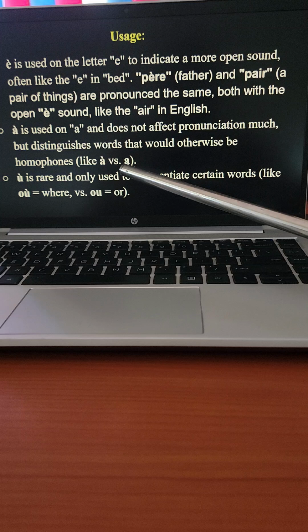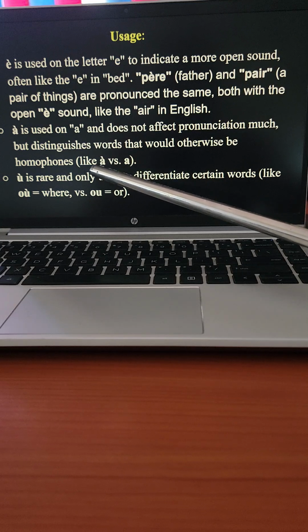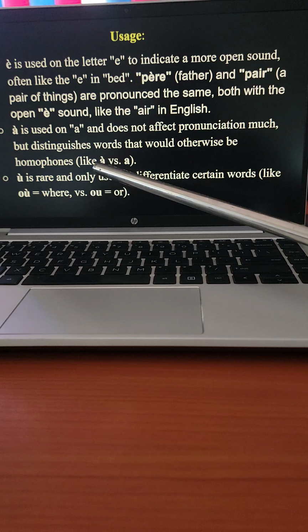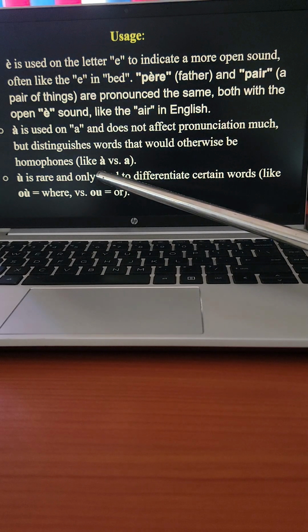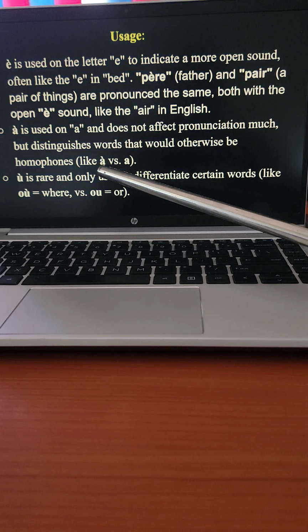The first one, the à with the accent grave, it's a preposition in French. For those who might know French, you say j'habite à Nairobi, or je travaille à Nairobi, je suis à Paris. The à showing preposition must have that accent grave.